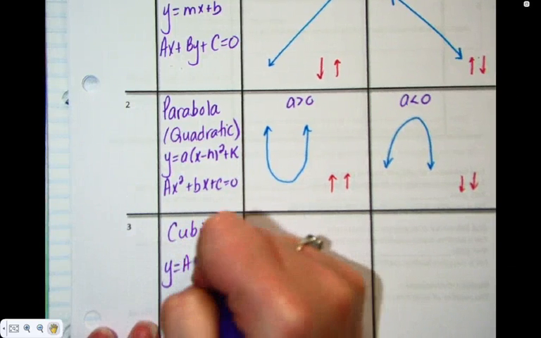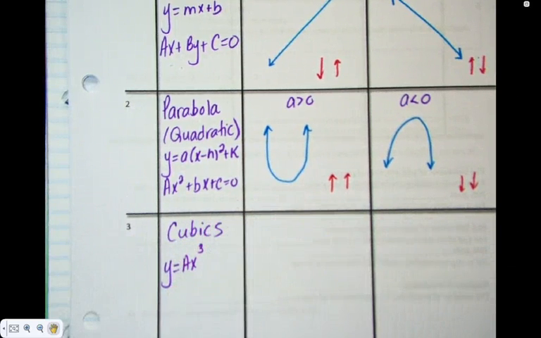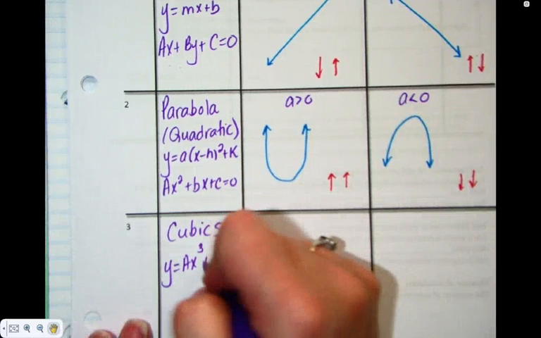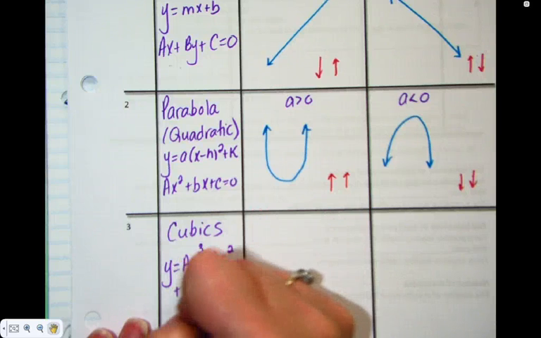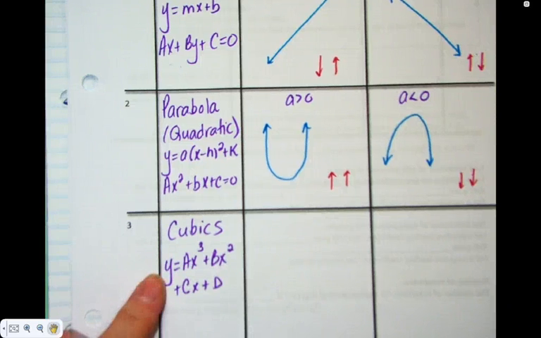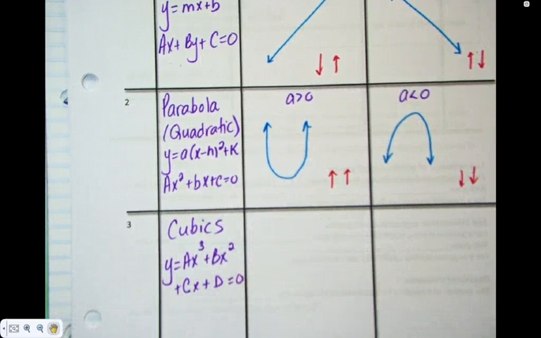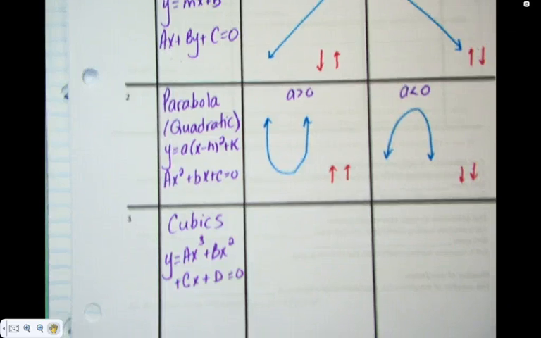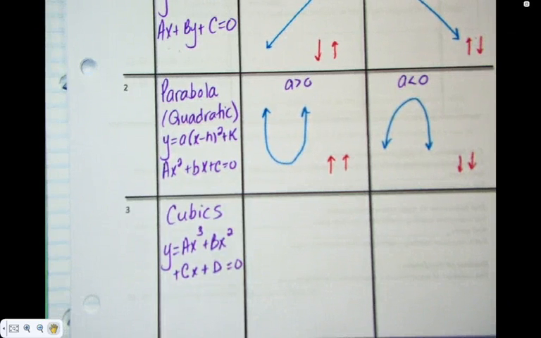And it's ax cubed plus bx squared plus cx plus d. And we can equate it to y, or we can equate it to 0. It doesn't matter. It's all still the same equation. So we interchange that y and that 0.